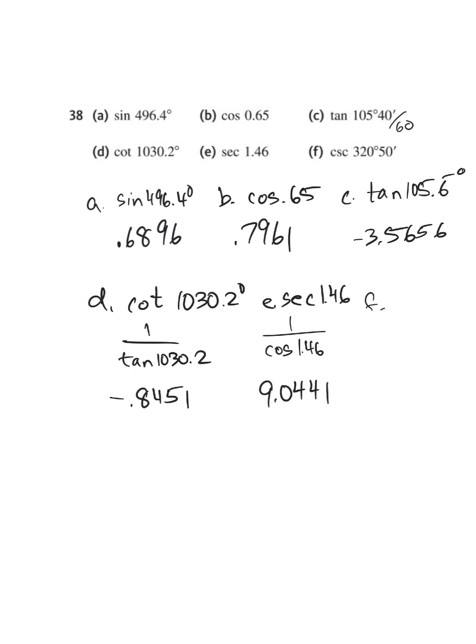And finally, F, the cosecant of 320 degrees 50 minutes. 50 divided by 60 is going to be 0.83 repeating. Cosecant goes with sine, so it's 1 over the sine of 320.83 degrees. Make sure your calculator is in degree mode, do the sine of 320.83 repeating, and then hit the 1 over x key, and that gives you negative 1.5833.